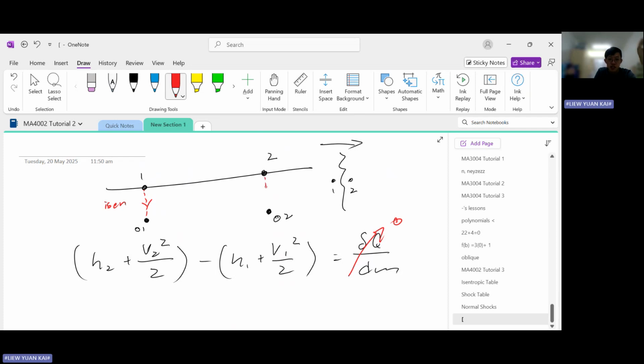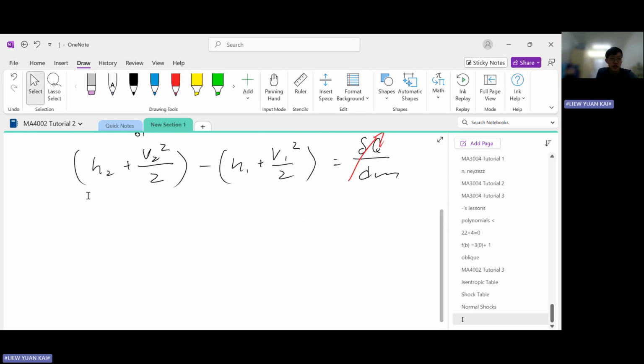Likewise, because you isentropically bring 2 to 02, there's no energy change. Therefore the energy at 2 is equal to the energy at its corresponding stagnation point.